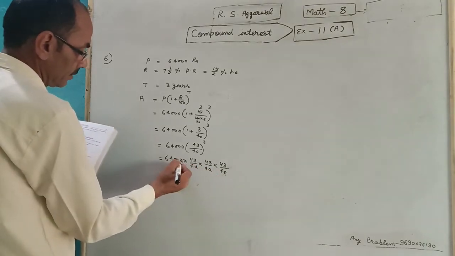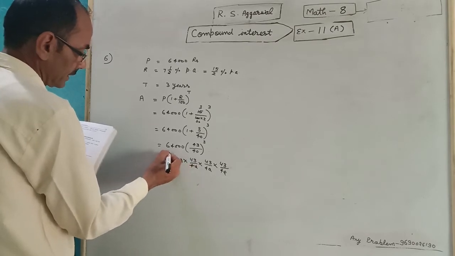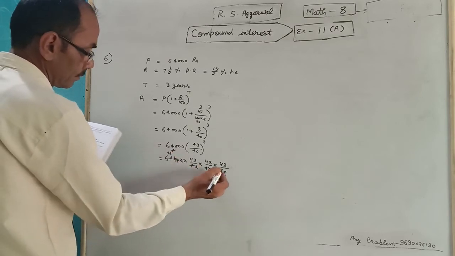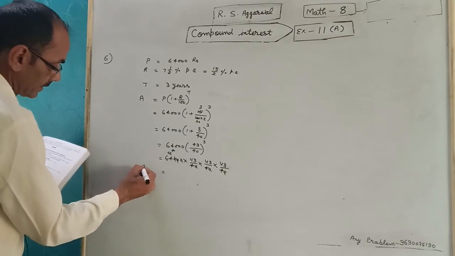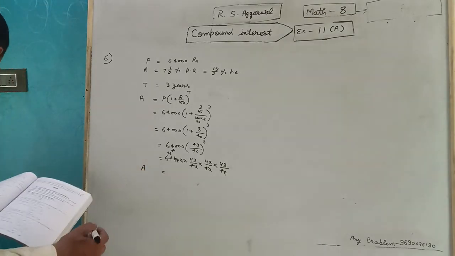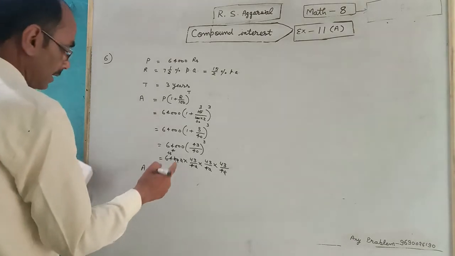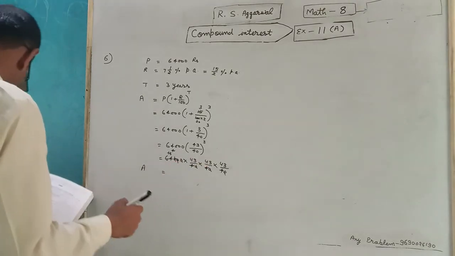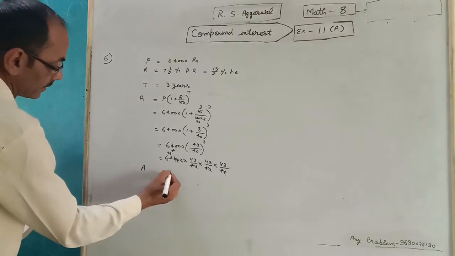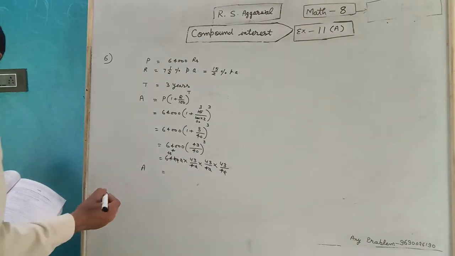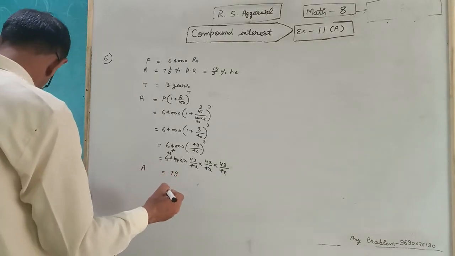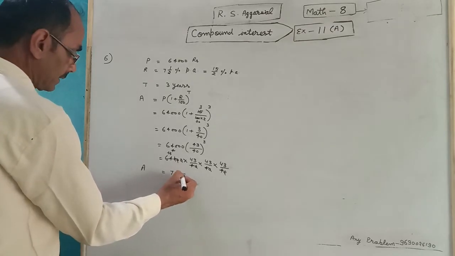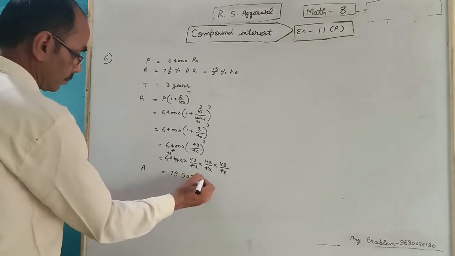40 by 40. 4 16 ja 4 4 ja 4 1 ja 4. After multiply 43 and 43 and 43, the amount will be 79,507 rupees.